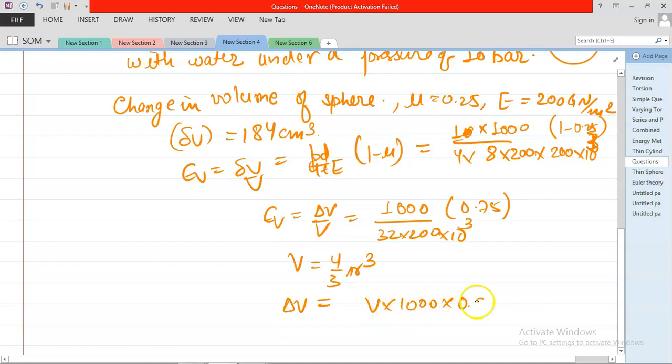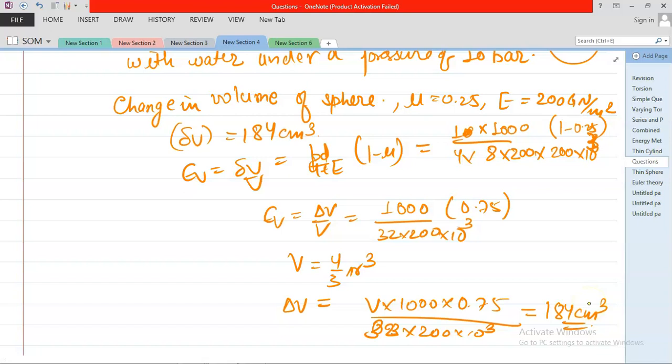It will be V into 1000 into 0.75 upon 32 into 200, which is 184 centimeter cube. It is given in centimeter cube.